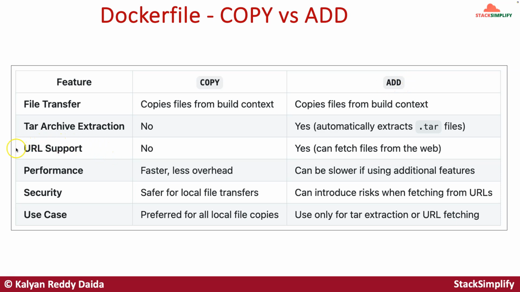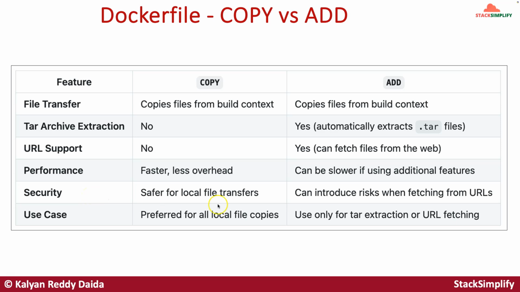In the same way, URL support is not present for COPY, but ADD supports fetching from the web. On performance, COPY is faster with less overhead, and ADD is slower if using additional features like tar extraction or getting files from a remote URL.